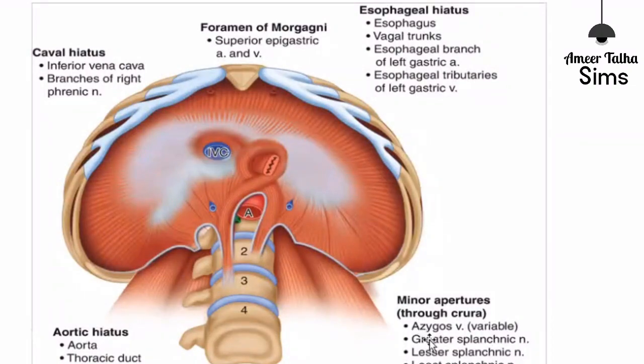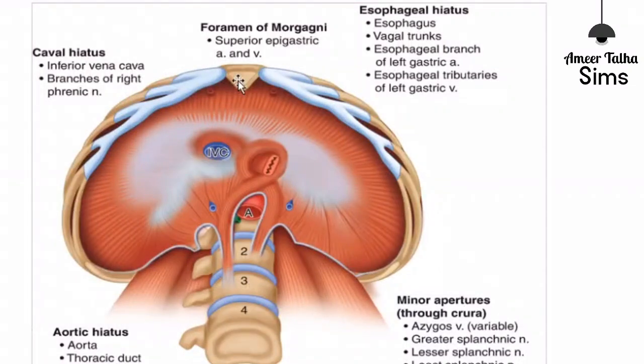You can also appreciate the foramen of Morgagni. It is a space present between the xiphoid process and the seventh costal cartilage. This is the seventh costal cartilage and this is the xiphoid process. This is known as the foramen of Morgagni or the space of Larrey, which contains the superior epigastric artery and veins.